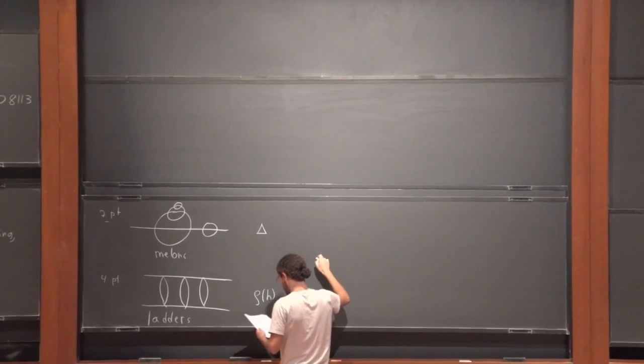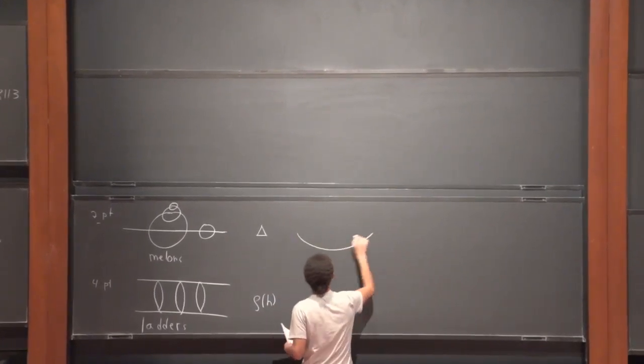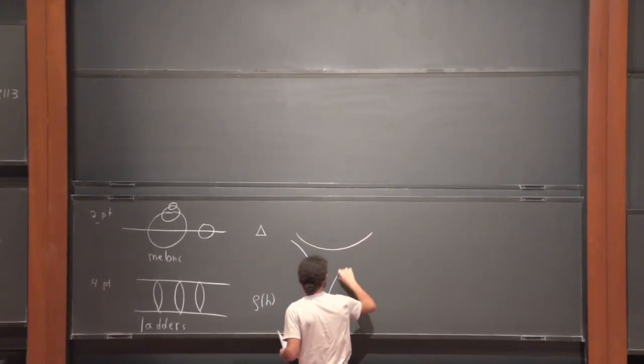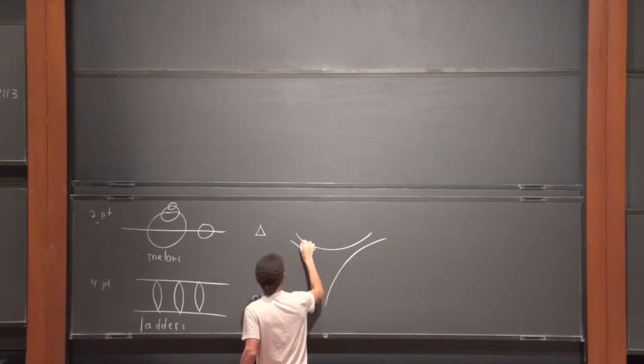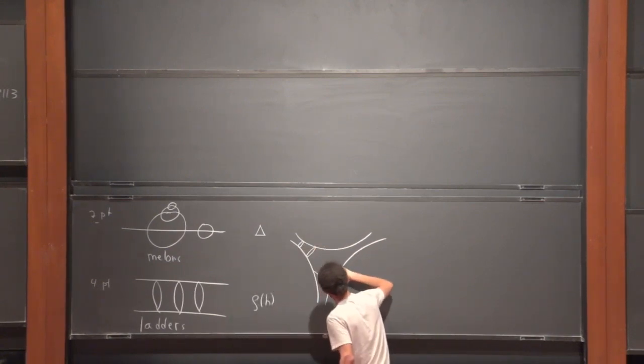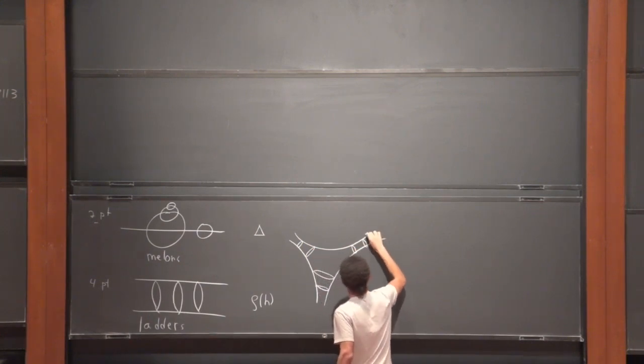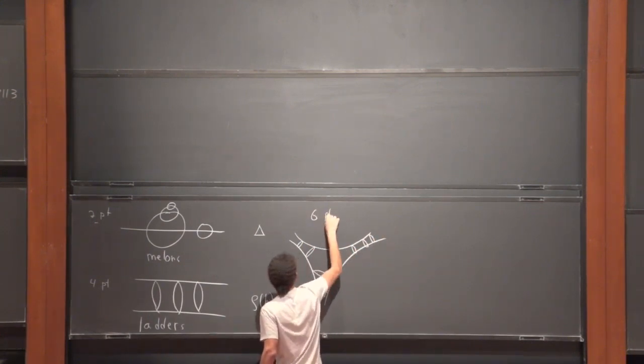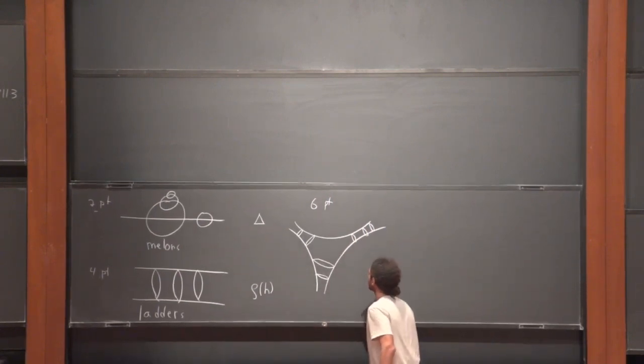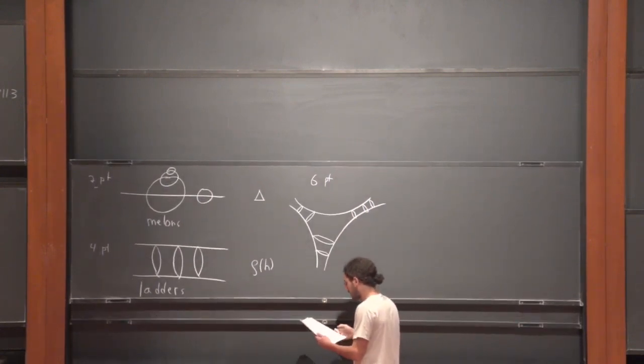The six-point function looks like three four-point functions glued together.